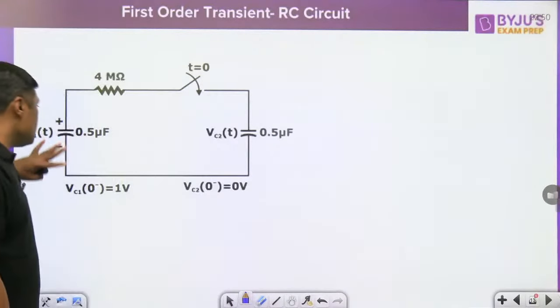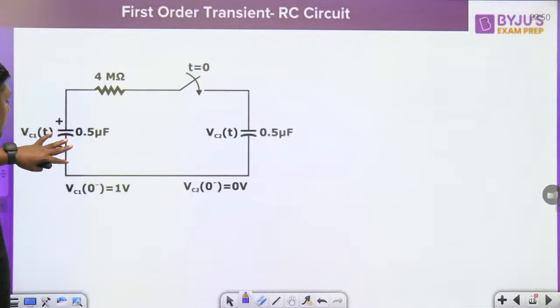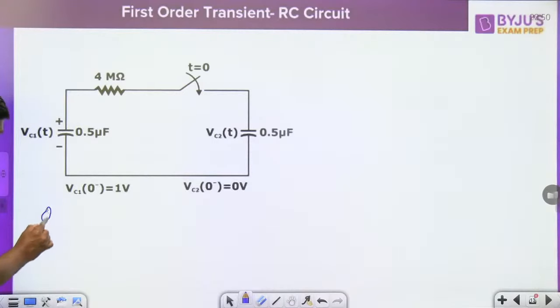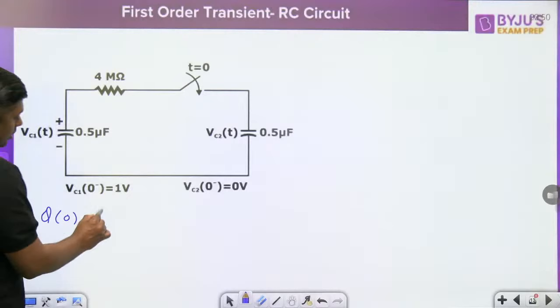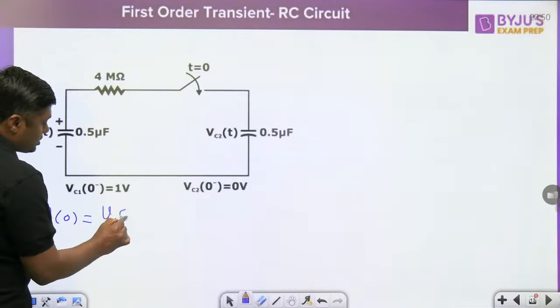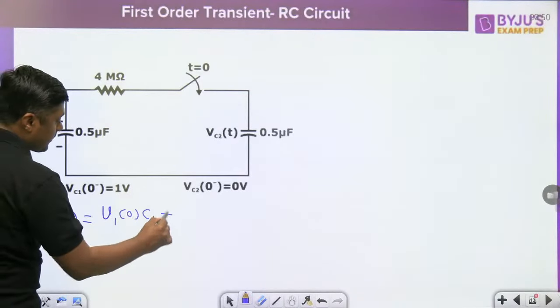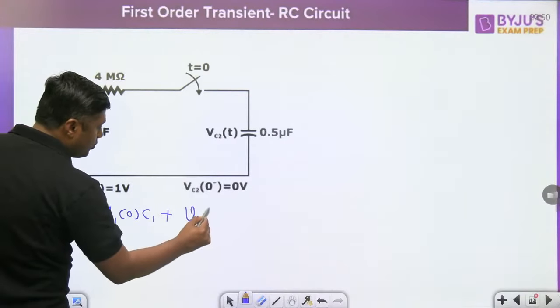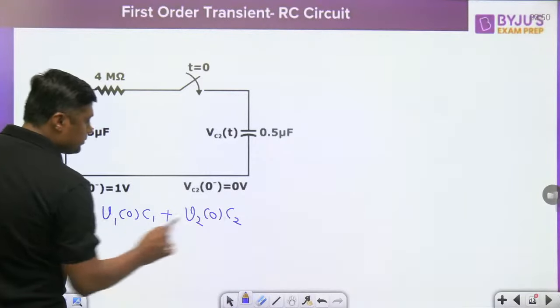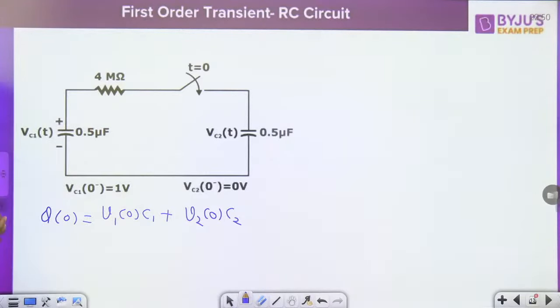So what is the initial charge across each capacitor? First of all, Q(0+) is V1(0+) into C1 plus V2(0+) into C2. That is the initial charge.